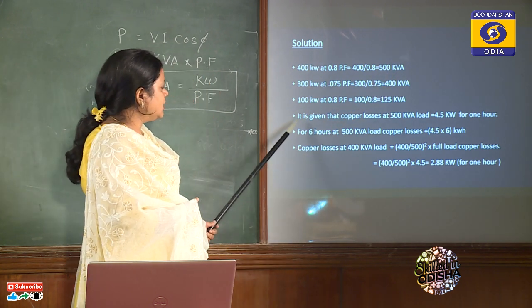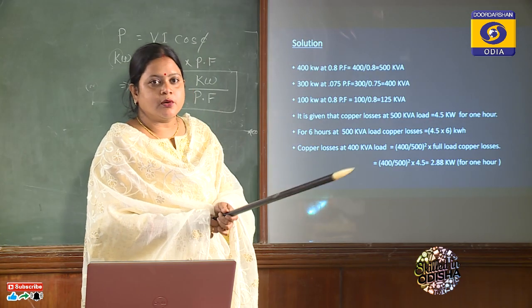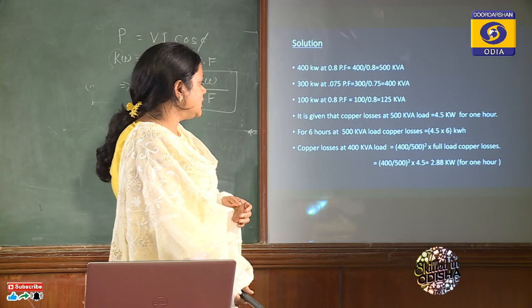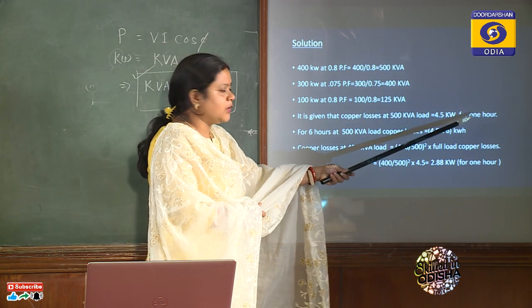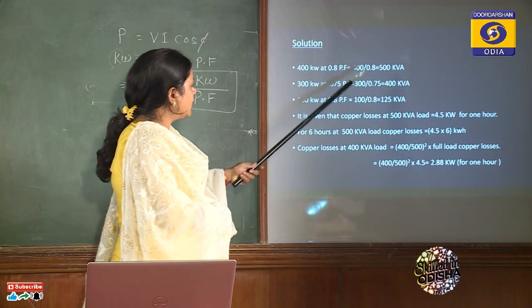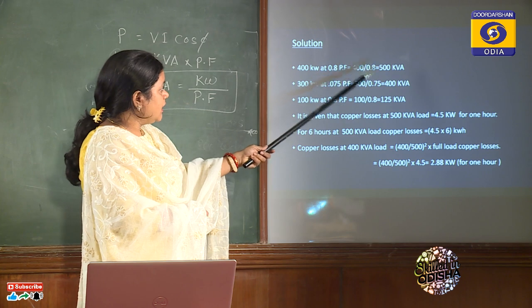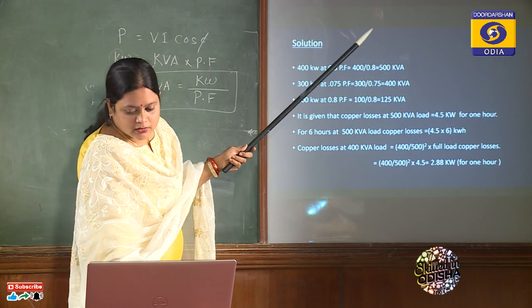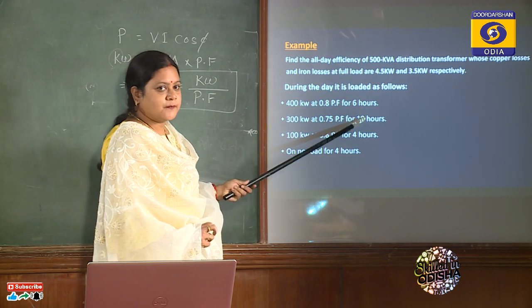Now, it is already given in the question that the copper loss at 500 kVA load is 4.5 kilowatt for 1 hour. Here the 500 kVA load is for 6 hours.